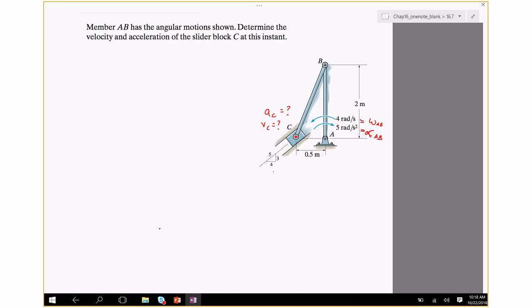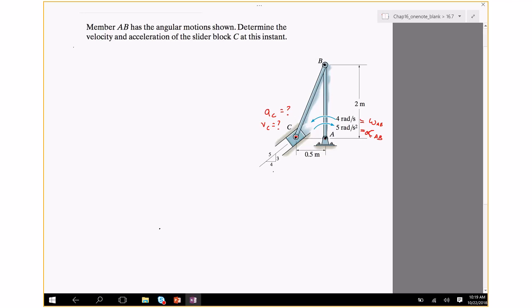We go from there to point B using either the relative velocity or acceleration formula. And once we find the velocity and acceleration of B, we'll find the acceleration of C and velocity of C. Okay, so we'll proceed from A to B to C and link those using the formulas we've done before. So let's solve for velocity of B and acceleration of B first and then go to C.